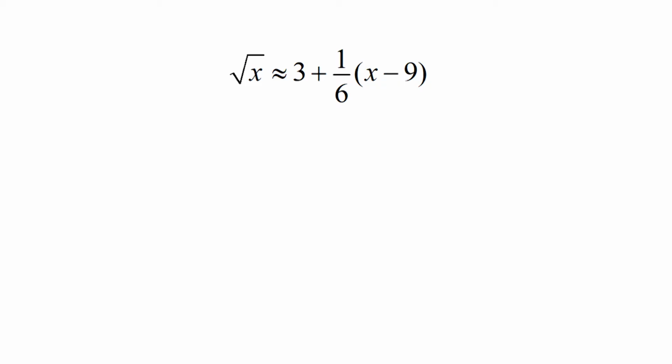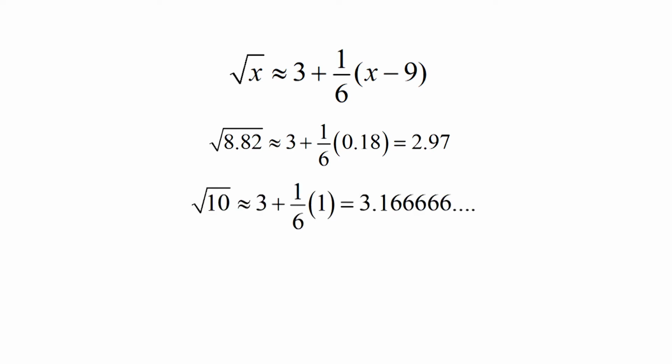Similarly, putting x is equal to 8.82 and x is equal to 10 in the expression square root of x approximately equal to 3 plus 1 by 6 times x minus 9, we find that square root of 8.82 is approximately equal to 3 plus 1 by 6 times 0.18, which is equal to 2.97, and square root of 10 is approximately equal to 3 plus 1 by 6 times 1, which is equal to 3.166666 and so on.